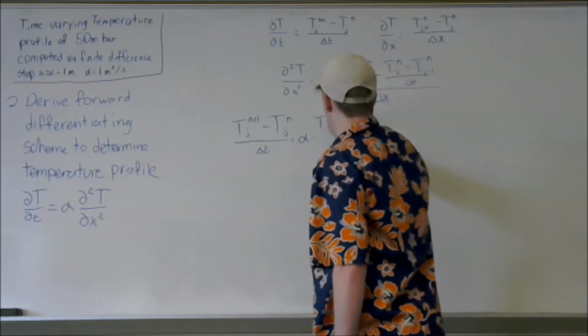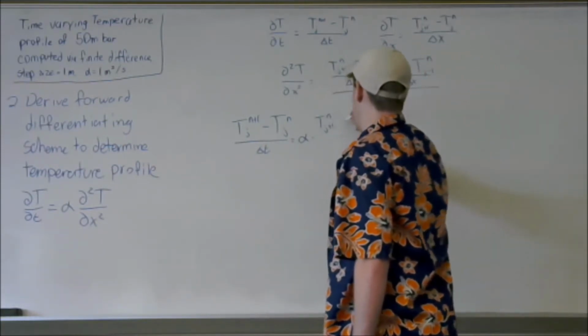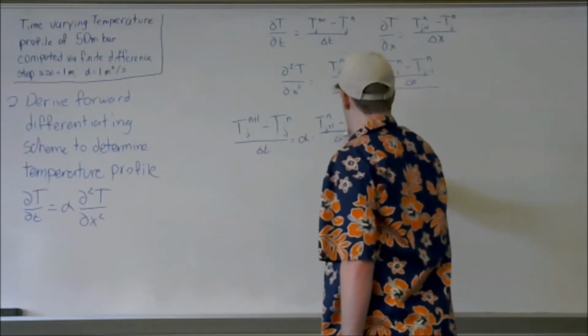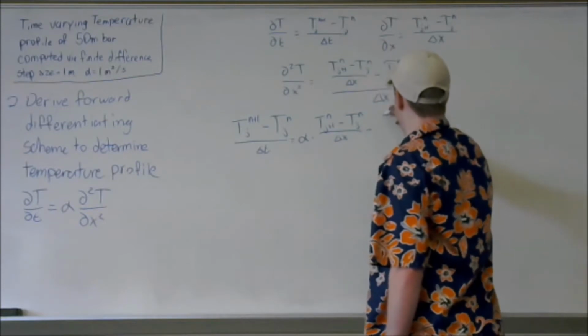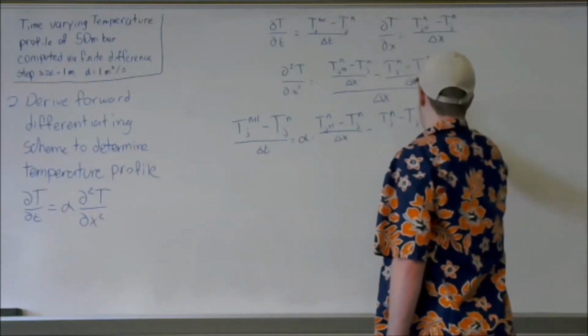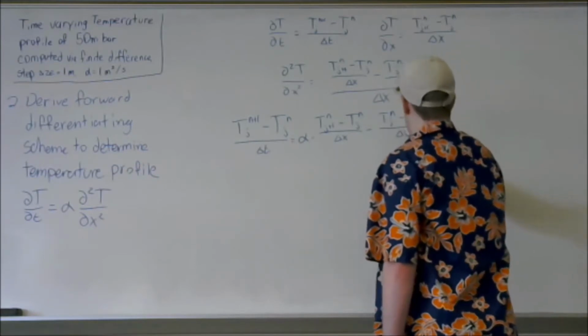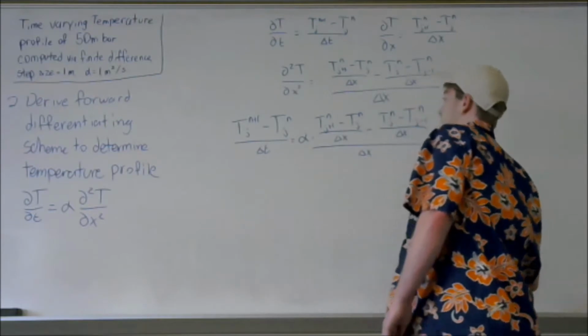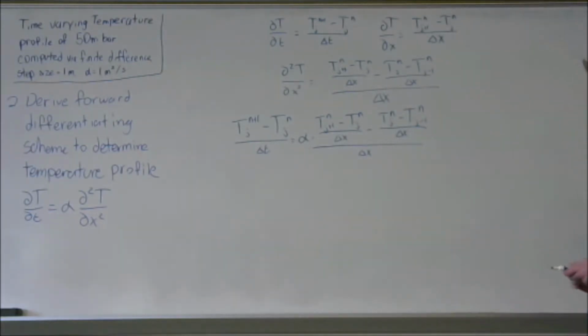So that's T j plus 1 n minus T j n over delta x minus T j n minus T of j minus 1 n over delta x, all over delta x, just like that.